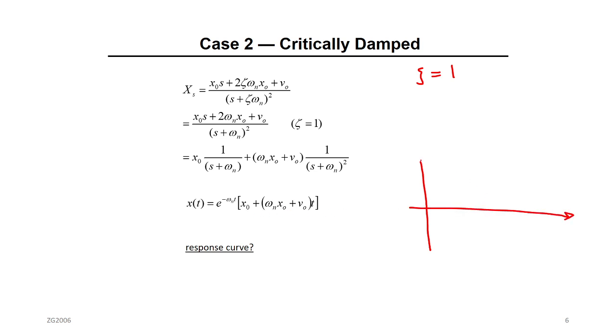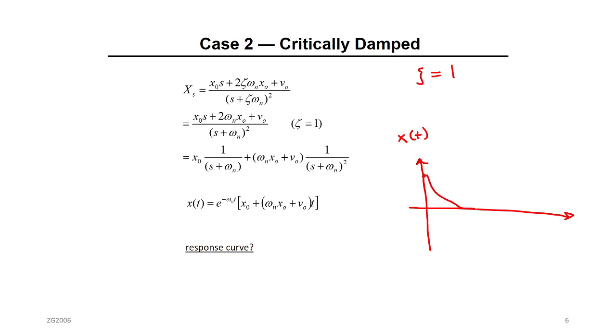Okay, so this is x of t. Look at the solution. It will start from the initial value, and then it will decay or die as soon as possible. Let me be more clear. This one is an exaggeration. It will die very fast, starting from here.